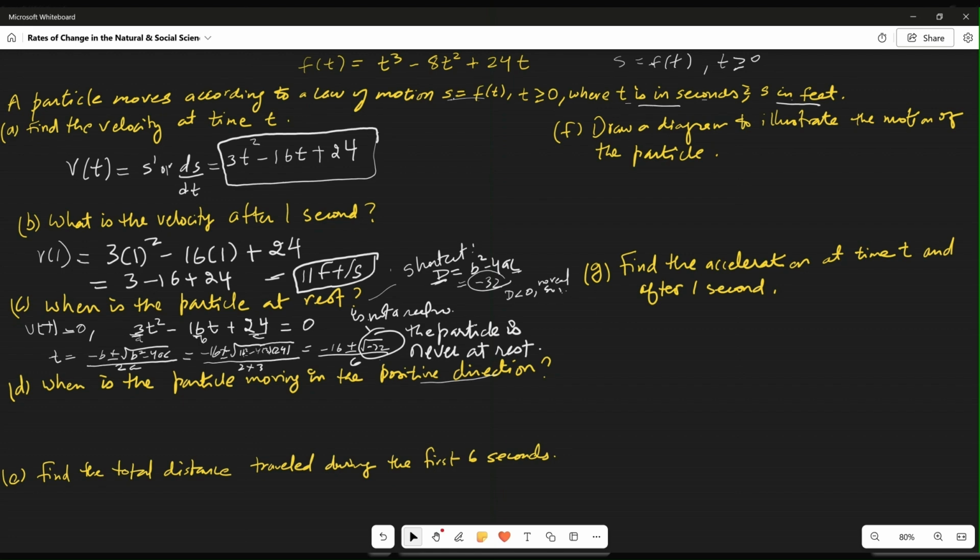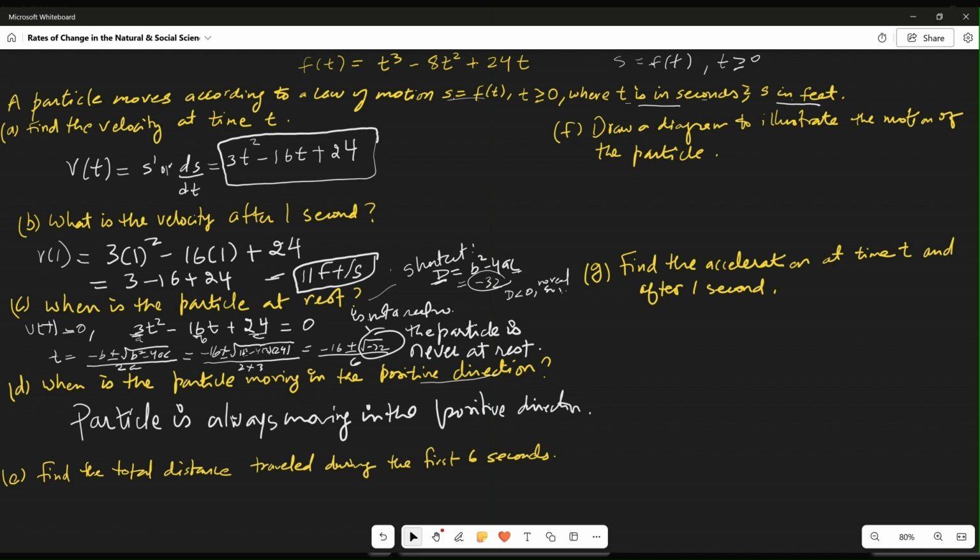So we conclude that the particle is always moving in the positive direction.